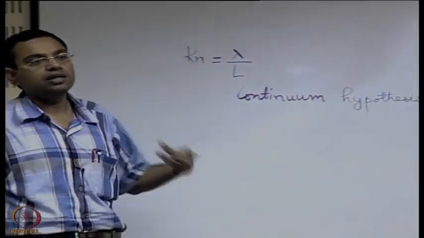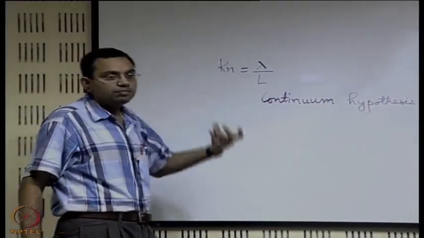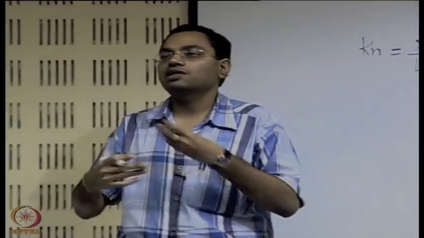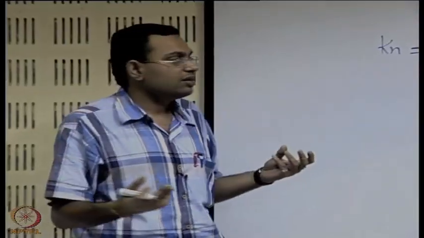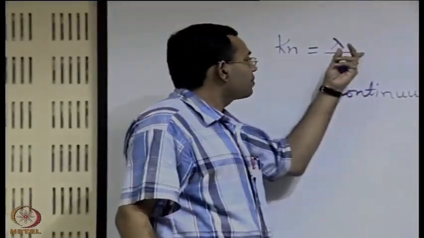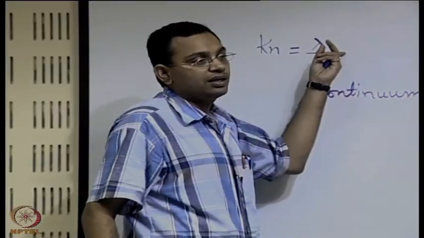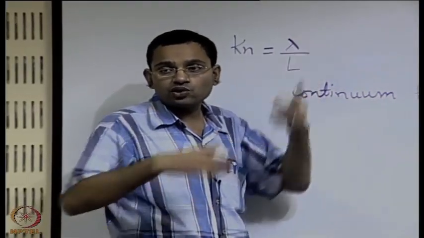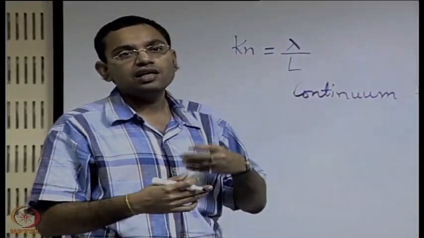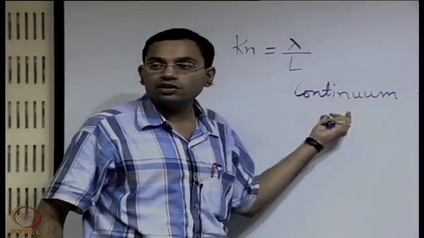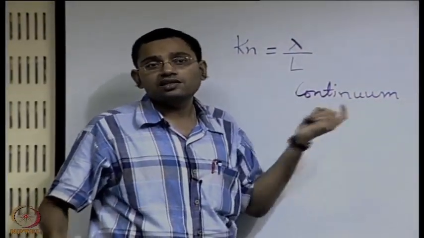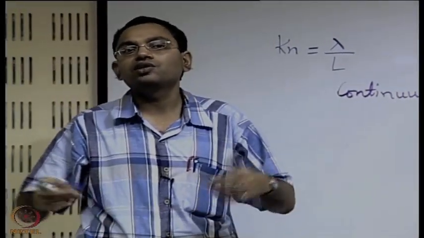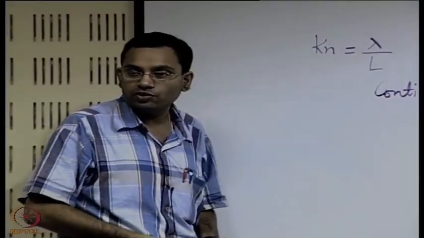If the Knudsen number is greater than 0.1, so to say, the mean free path threatens to be 10% of the characteristic system length scale, and when it goes larger and larger, there is a stronger and stronger deviation from the continuum hypothesis. So, there are situations when we cannot use the continuum hypothesis and one needs a different treatment altogether.